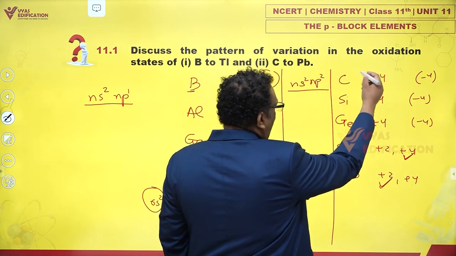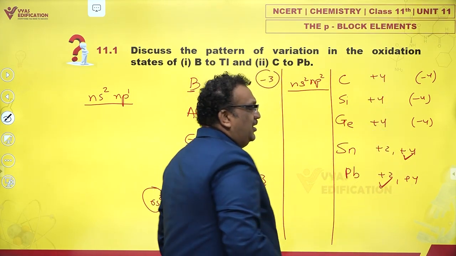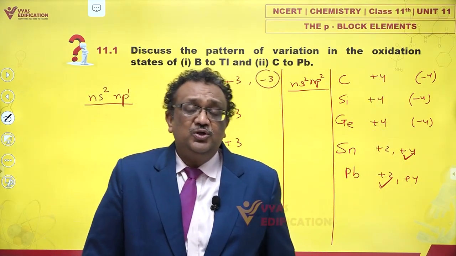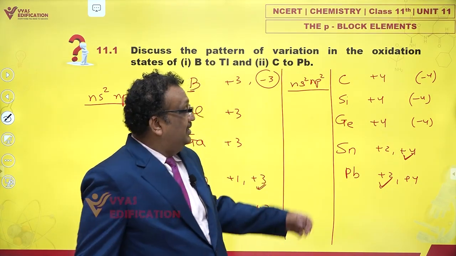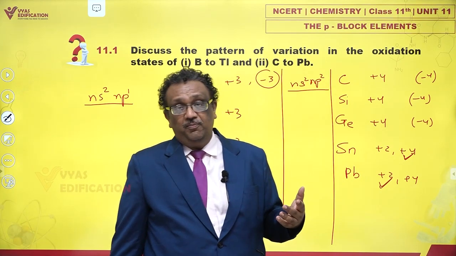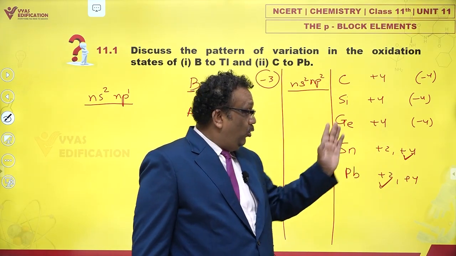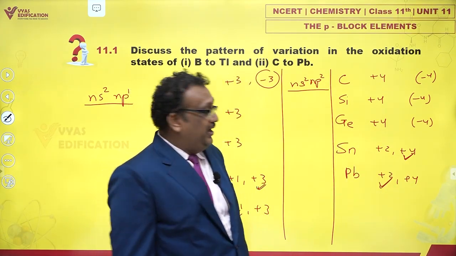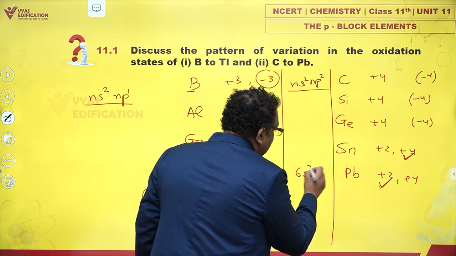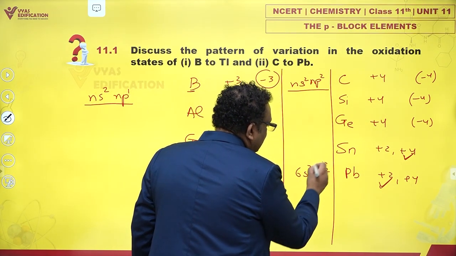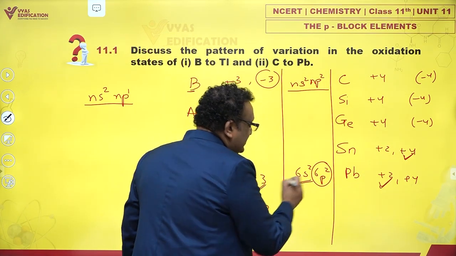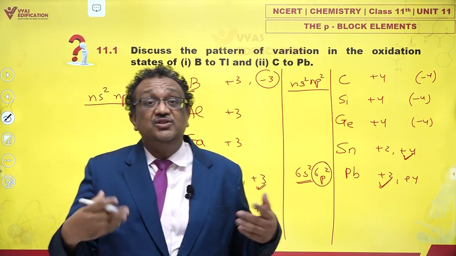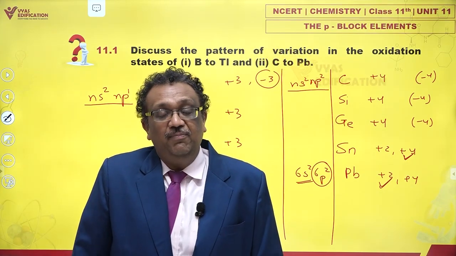For silicon and germanium, +2 is so unstable that it does not even exist. In tin, +2 begins to show up, although +4 is more stable. Only in the case of lead, that is the 6th period, you have 6s2, 6p2 as the electronic configuration. You find that 6p2 is lost easily. 6s becomes inert. It is relatively more stable.